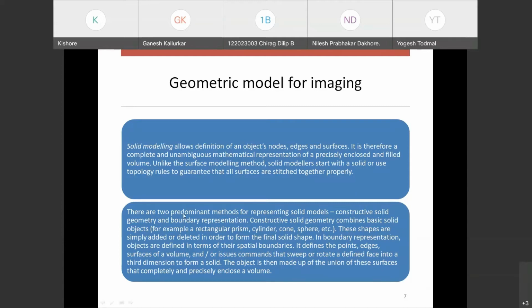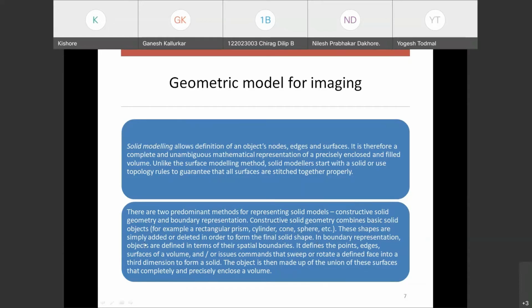There are two predominant methods for representing solid models: constructive solid geometry and boundary representation. Constructive solid geometry combines basic solid objects, for example, a rectangular prism, cylinder, cone, sphere, etc. These shapes are simply added or deleted in order to form the final solid shape.